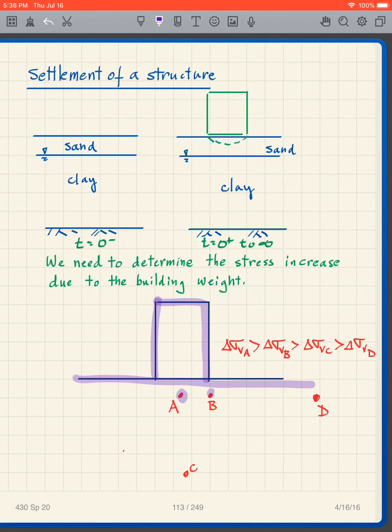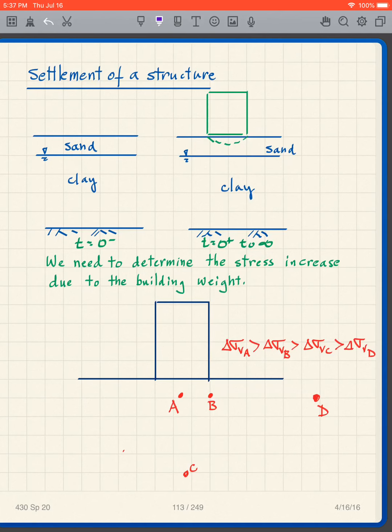Point A, point B, point C, and point D. And we want to think this through a little bit in the sense that what would be the relative stress increases due to the weight of the building at these various points.